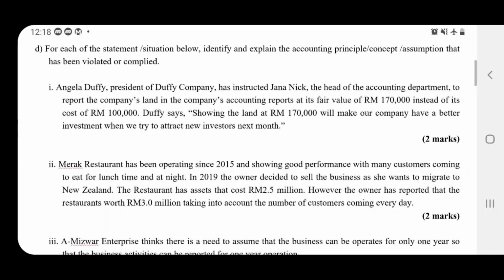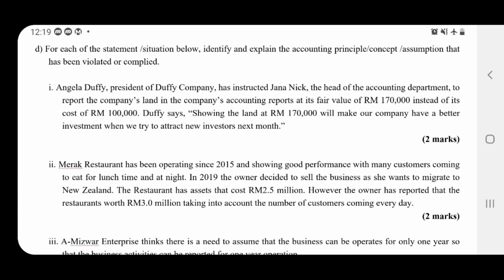Okay, let's see. Scenario 1. Angela Duffy, president of Duffy Company, has instructed Jananik, the head of the accounting department, to report the company's land in the company's accounting report at its fair value of $170,000 instead of its cost of $100,000.